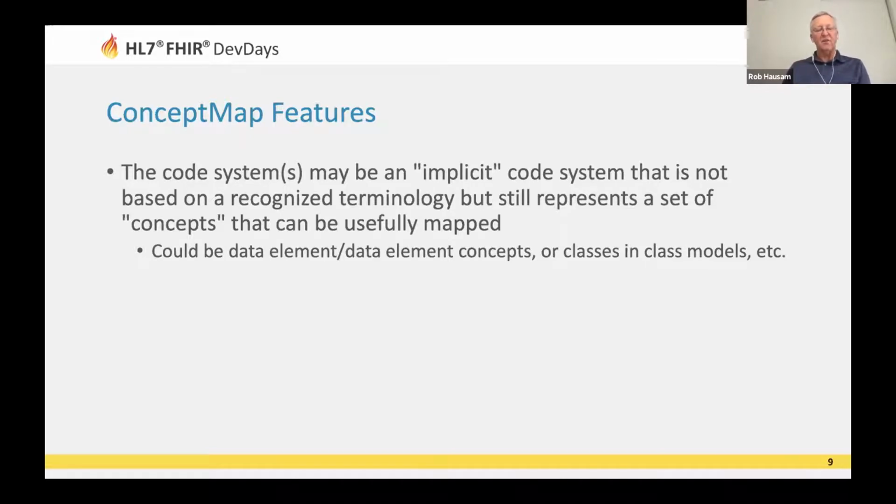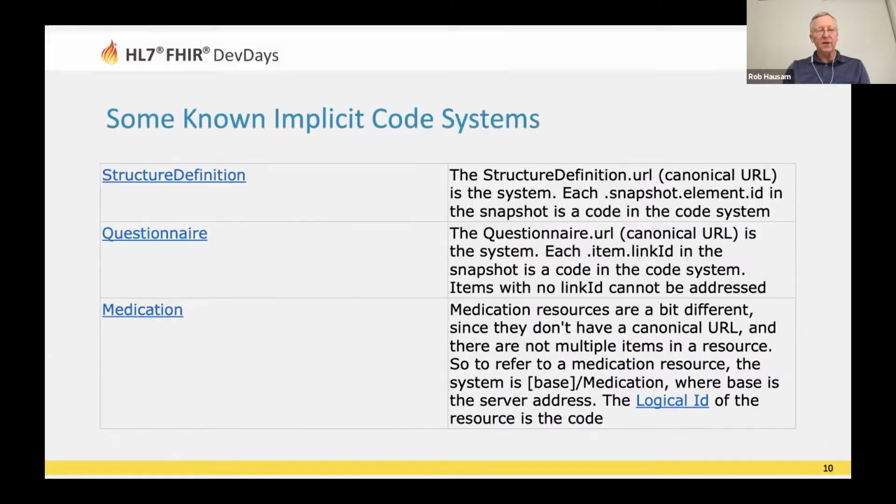There are obviously a lot of code systems out there, but those are typically more formal and recognized ones. But there's a lot of things that can at least logically be considered to be a set of concepts that you could usefully map. So let's see if we can drill into that a little bit.